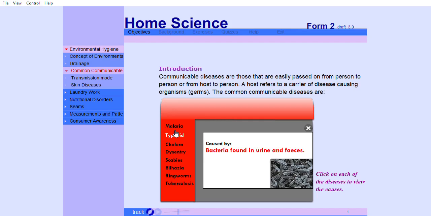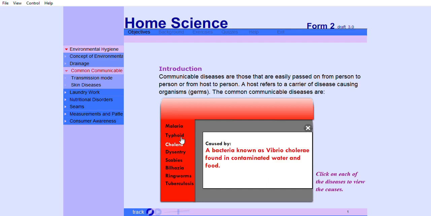Typhoid is caused by a bacteria found in urine or feces. Cholera is caused by a bacteria found in contaminated water and food. Dysentery is caused by protozoa or amoeba found in human feces.